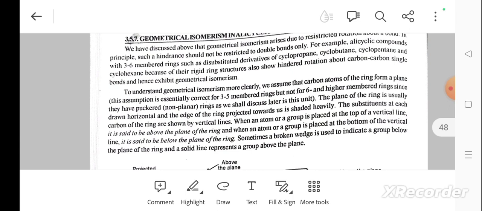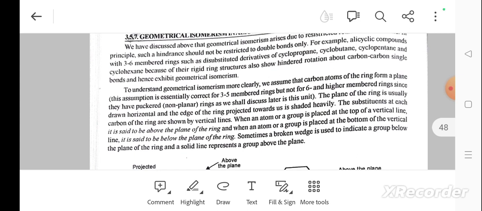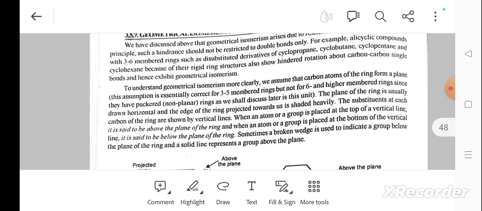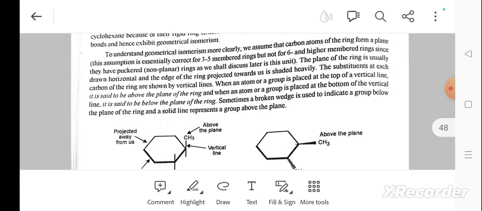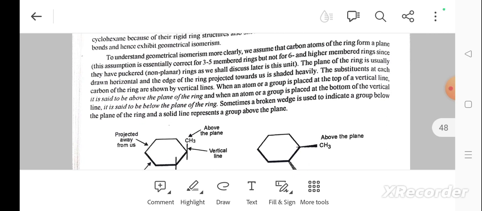For example, alicyclic compounds with 3 to 6 membered rings, such as disubstituted derivatives of cyclopropane, cyclobutane, cyclopentane and cyclohexane, because of their rigid ring structure also show hindered rotation about the carbon-carbon single bond and hence exhibit geometrical isomerism. To understand the geometrical isomerism more clearly, we can assume the carbon atoms of the ring form a planar ring, as shall be seen later in this unit.